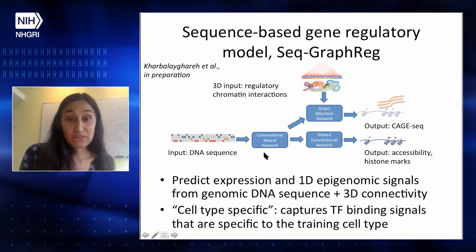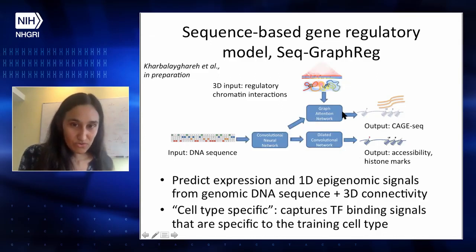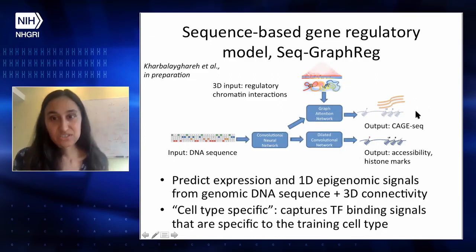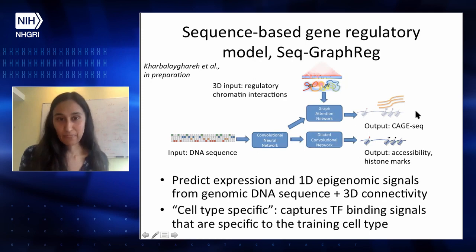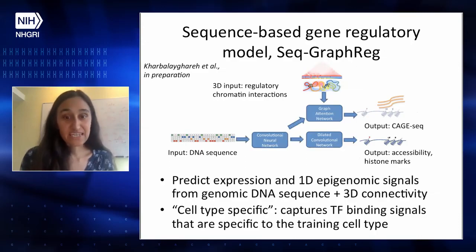There's another path through the model where we take the output of this CNN, these motifs, and pass it to the graph attention network and try to predict CAGE-seq. So now we're using DNA sequence together with 3D connectivity to predict both gene expression and the 1D epigenomic data as an auxiliary task.